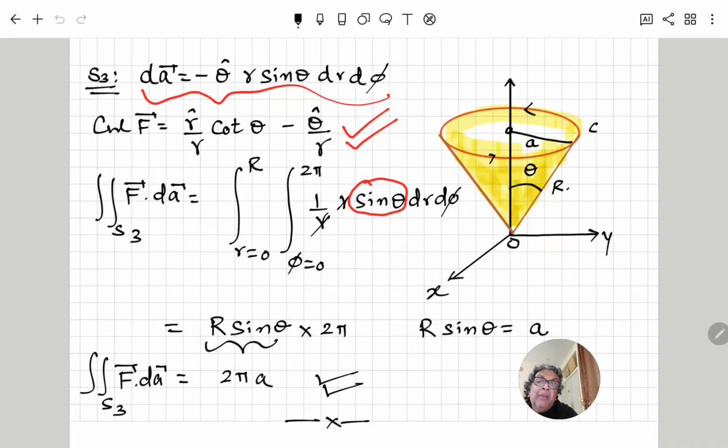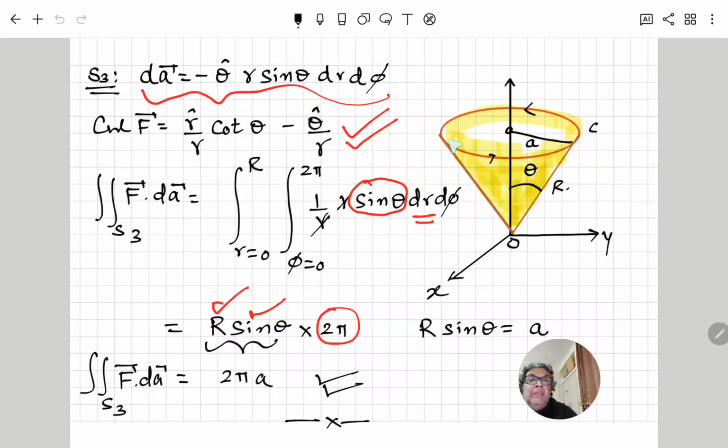Here our capping surface is lying at theta equal to constant. So this is a case of a theta equal to constant surface. Previously it was an r equal to constant surface. So when I integrate it, this sine theta remains as it is. Dr will yield an R overall, and phi will bring a factor of 2 pi. So it is 2 pi capital R sine theta.